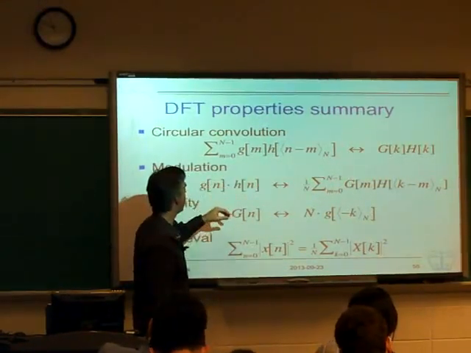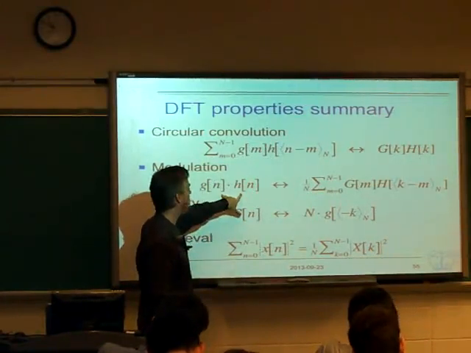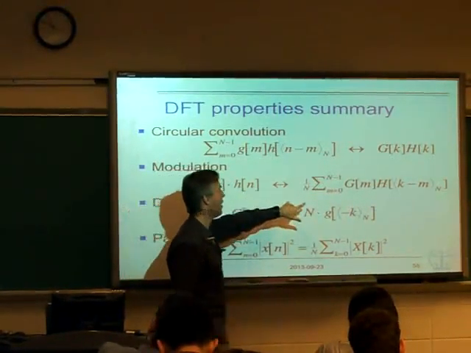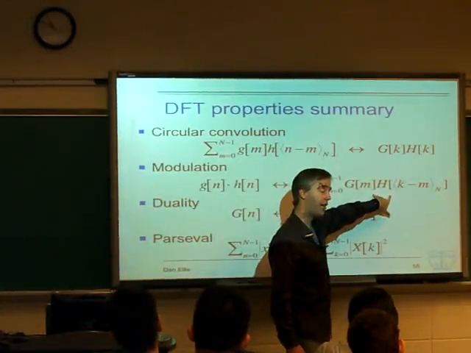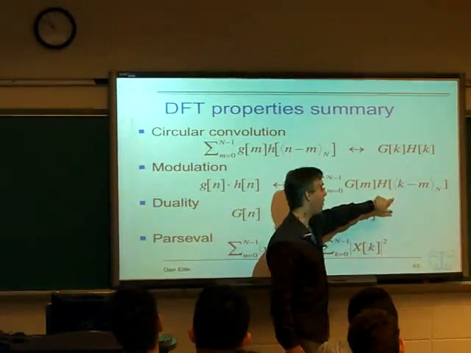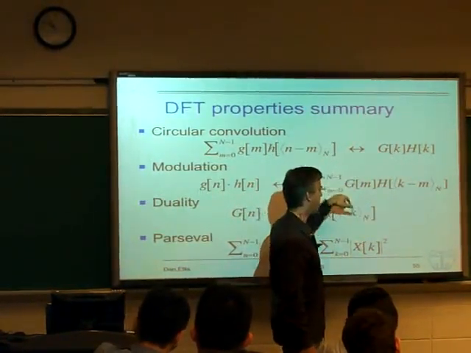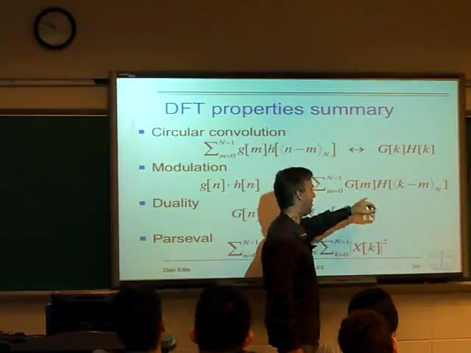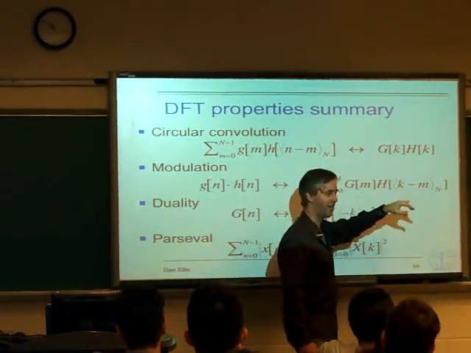And lo and behold, there's the converse of that, the dual of that. If you multiply 2 sequences together in the time domain, then it's the same as doing circular convolution on their spectra. Remember that? We had that in the DTFT, but it looked kind of weird in the DTFT because it was an integral, because the spectra are continuous functions, and because the integration variable was in an exponent, so it looked kind of weird.